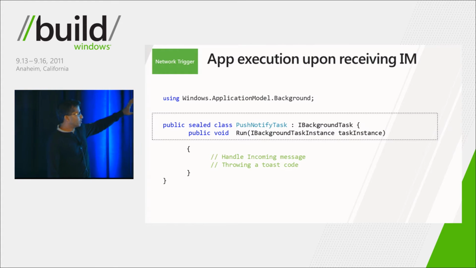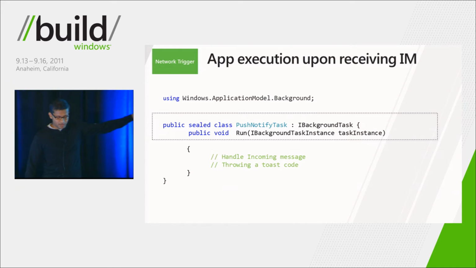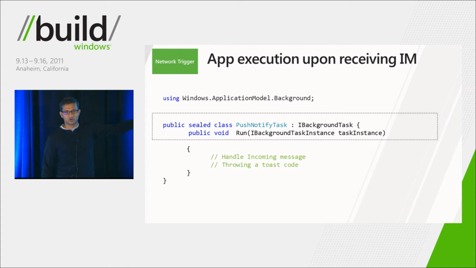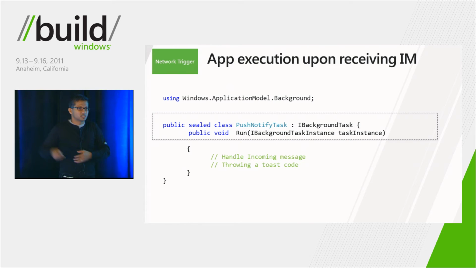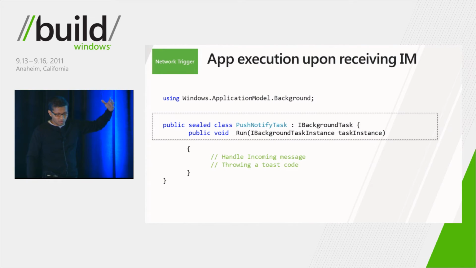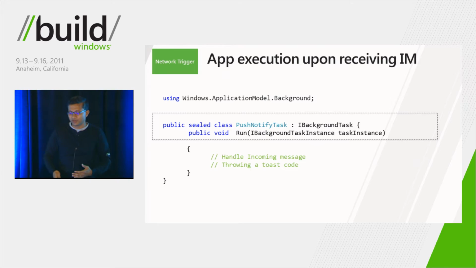So for this network trigger API, you specified the IBackgroundTask interface with the run method. And in the demo app, this is where we wrote the toast popping message. When the user clicked the toast, we were able to go back to the application and pump the message back to the application so that the application still had the message, right? So this is where we handled it, and this is how we enabled our demo to work.